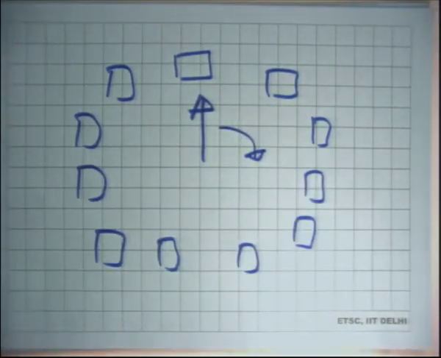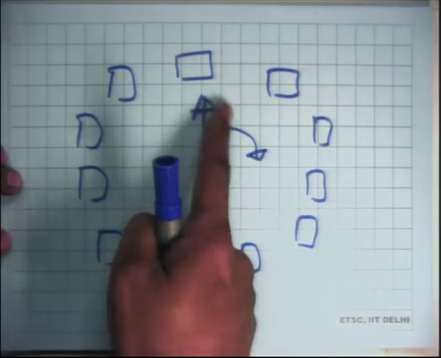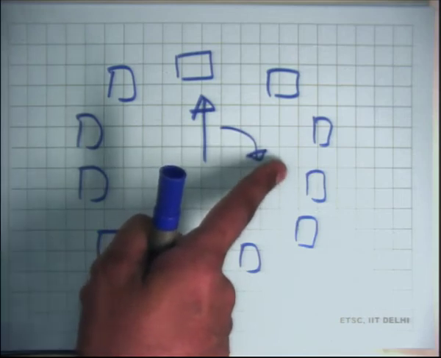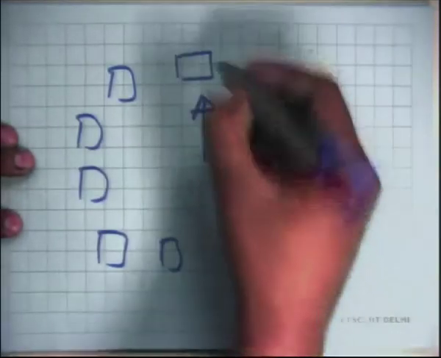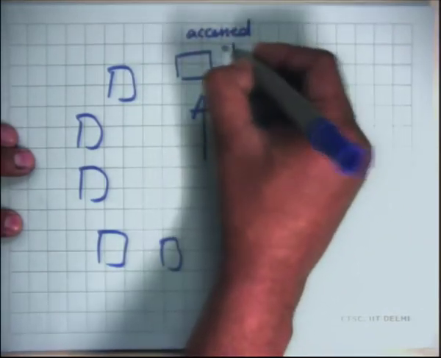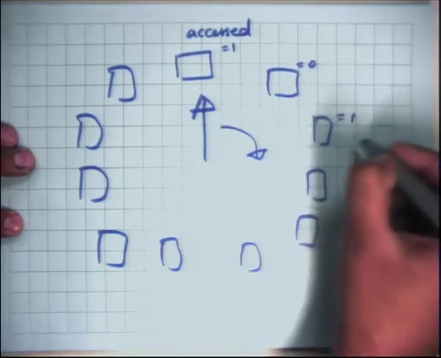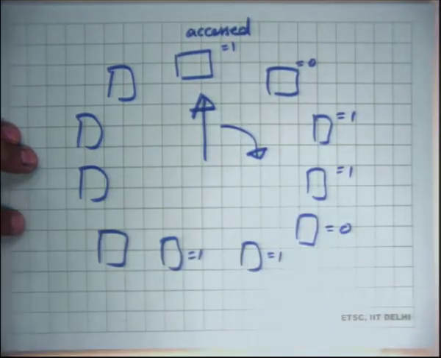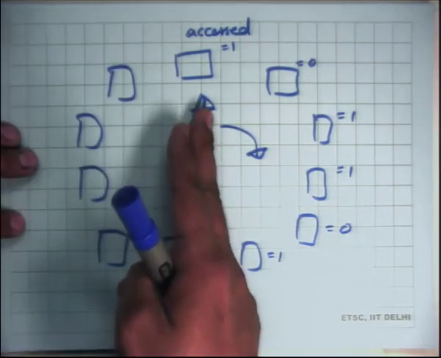Let us say you want to replace a page, you just move the hand till you find a page that has access bit equal to 0. So each of these pages has an access bit equal to 1, 0, 1, 1, 0, 1, and so on.